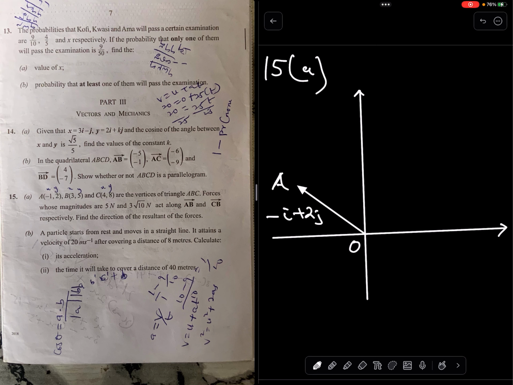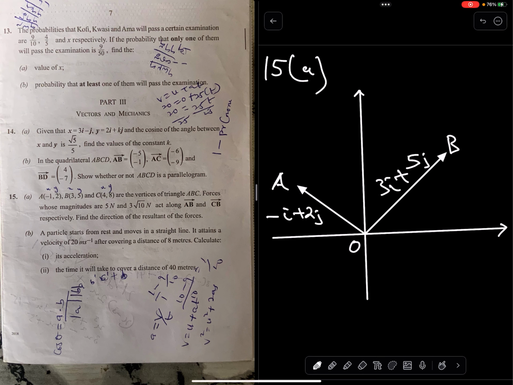OB will be 3i plus 5j. Let this be OB. This is B, and that's 3i plus 5j.